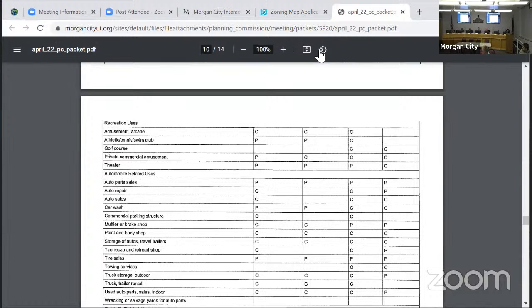It's a great point. And part of what we've been trained on recently, Aaron, is what this idea of conditional means. Conditional doesn't mean it's discretionary. It doesn't mean that we as a commission can choose whether we want it there or not. We have to determine if any nuisances are created and how those can be reasonably anticipated and mitigated.